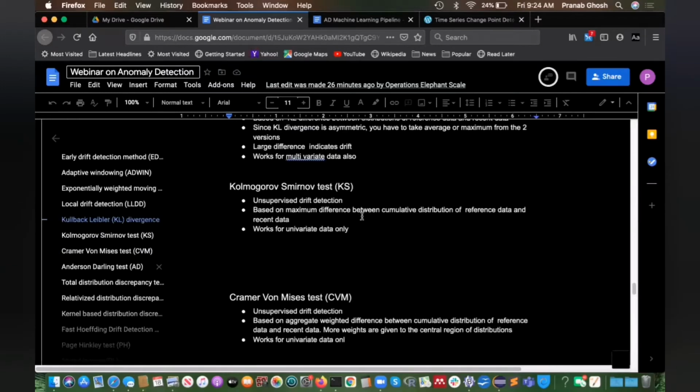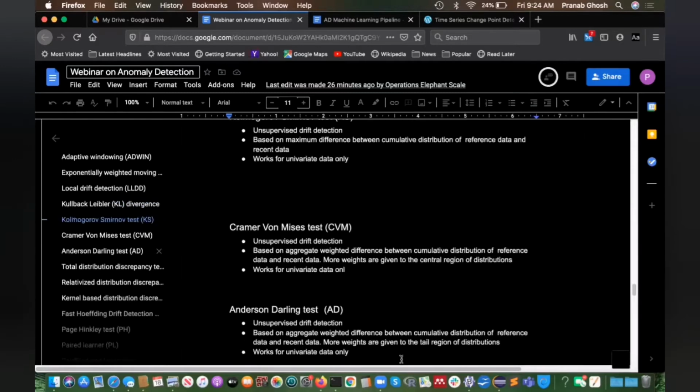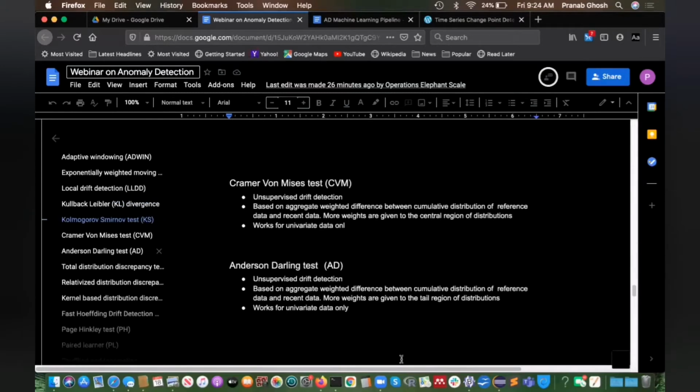The KS one is based on the maximum difference at wherever that happens to be, but for the next two, it calculates the difference going over the whole cumulative distributions, not just one specific point.